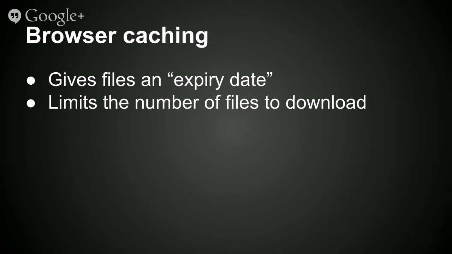So let's say you have a logo on the top of your site that doesn't change really ever. This prevents visitors from downloading that logo every time they view. So when they view the next page and the next page and the next page, browsing through your site, they've already downloaded your logo once. They won't have to download it again. This is the third bottleneck that limits the number of files that a viewer has to download off of your server.